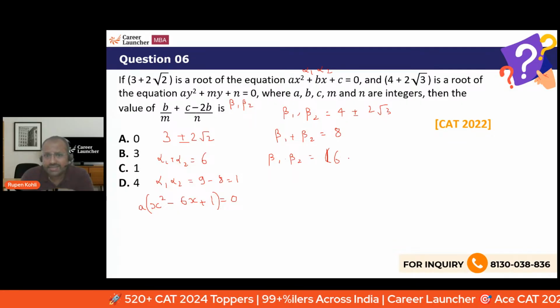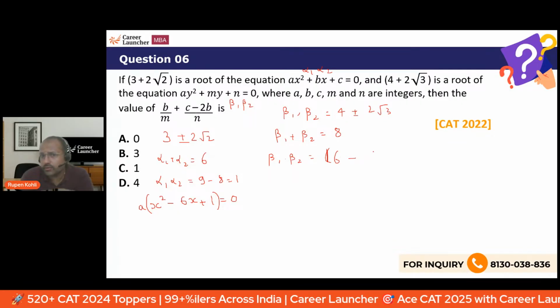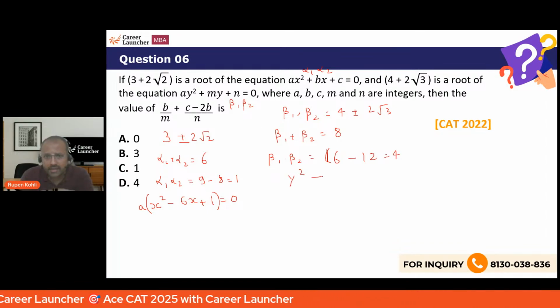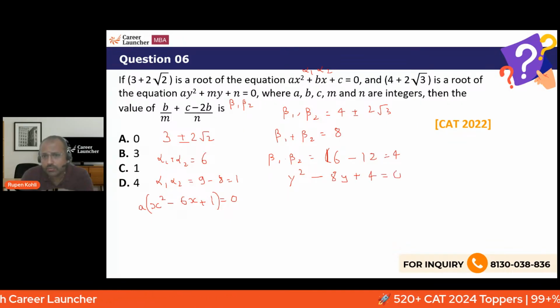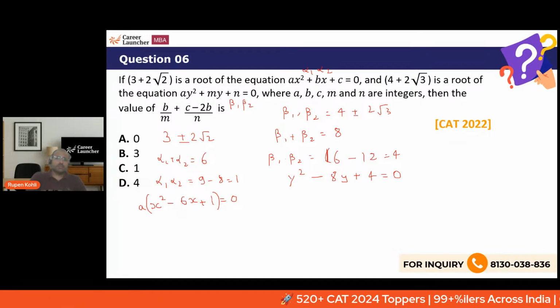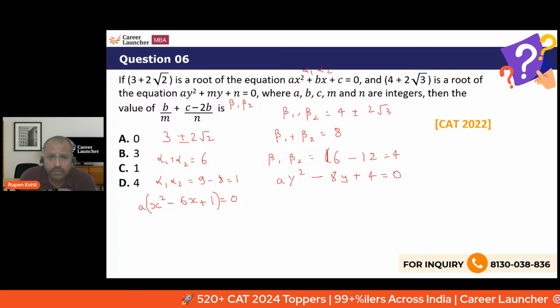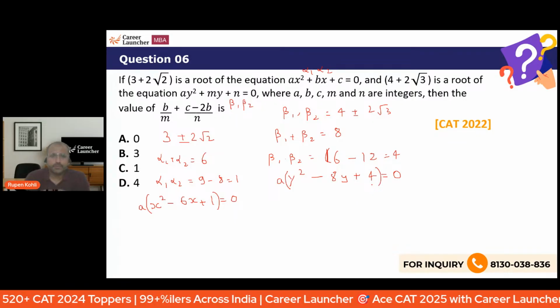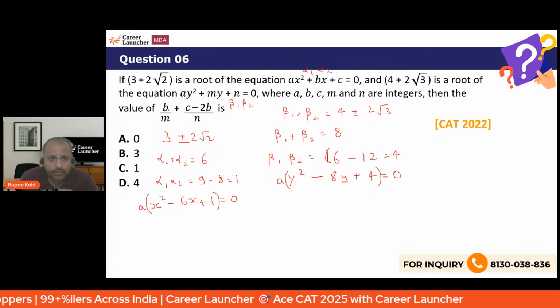So 4 square 16 minus 2 root 3 whole square, so 4 into 3 12, is 4. So in terms of the variable y, we have to write y square minus sum of the roots 8y plus product of the roots 4 equals 0. Y square minus 8y plus 4 equals 0, multiplied throughout with a coefficient of a.